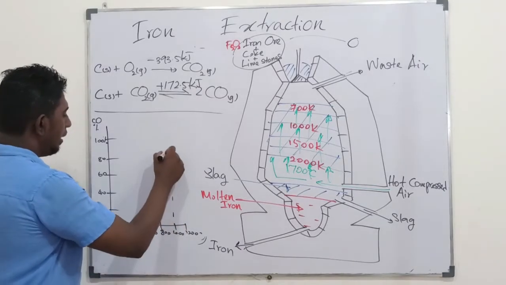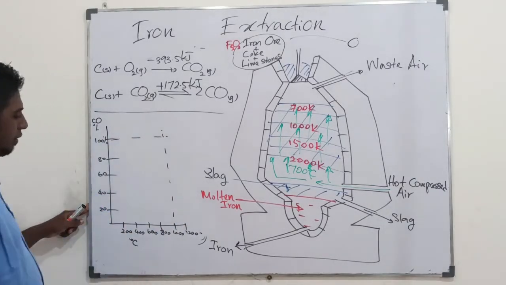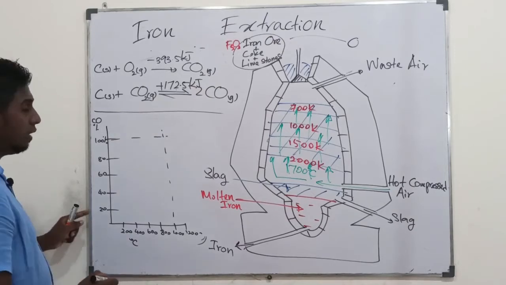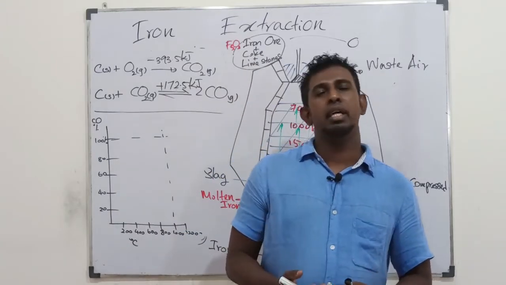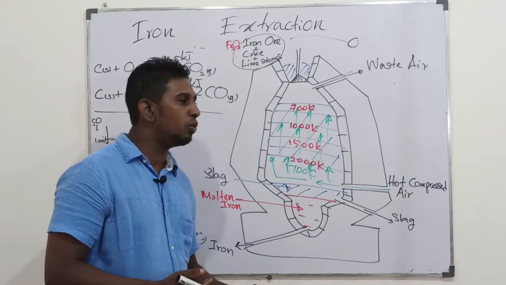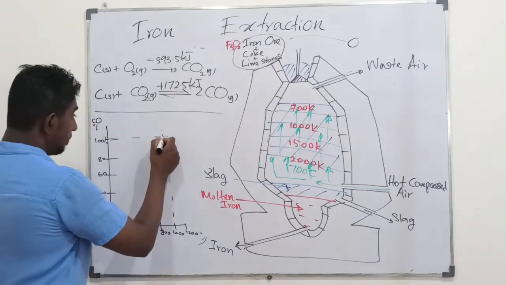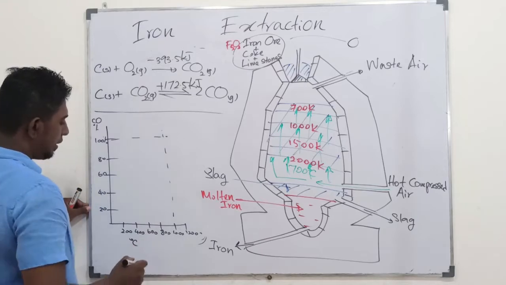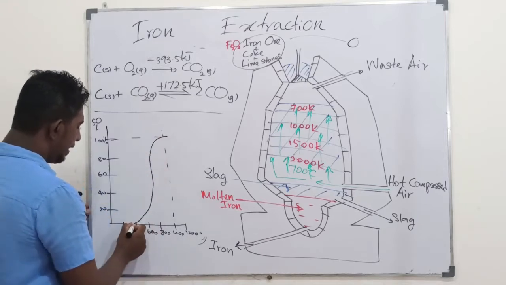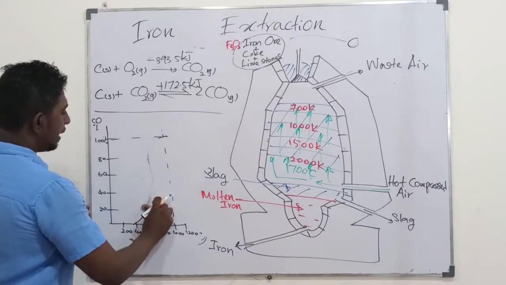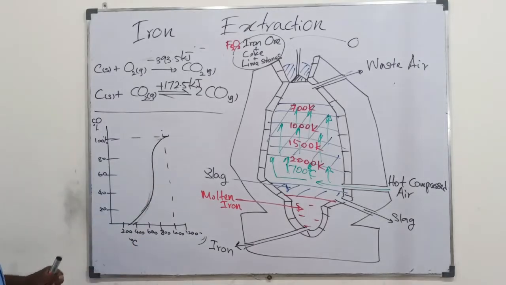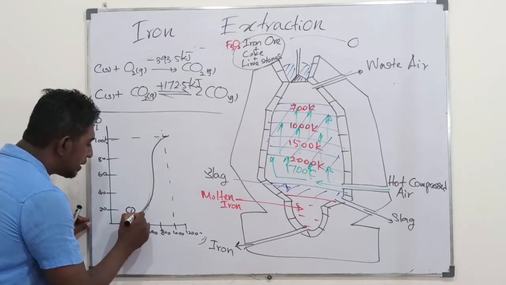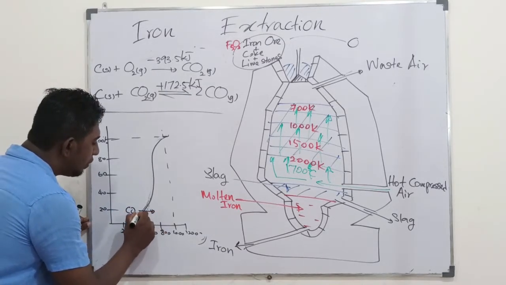Then you could find that when the temperature reaches 1000, almost all carbon dioxide would have transformed into carbon monoxide. Means the percentage of carbon monoxide could be found as 100. So in this way you could find it varying. The composition of carbon monoxide would vary with the temperature in this manner. Carbon dioxide here would get transformed into carbon monoxide.